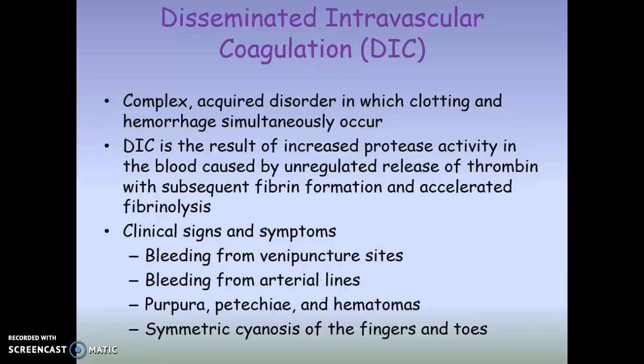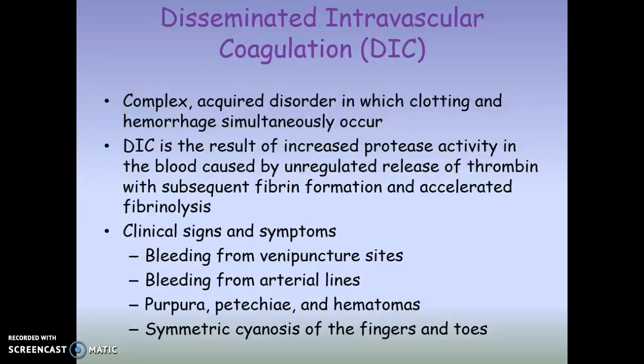So, what you have is this combination of too much clotting and too little clotting as a result of platelet activity. And so clotting leads to blockage of blood flow to organs throughout the body. That clotting causes consumption of platelets and the clotting factors, leading to severe bleeding in other areas of the body.